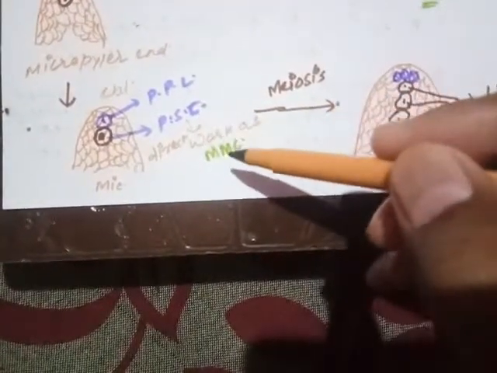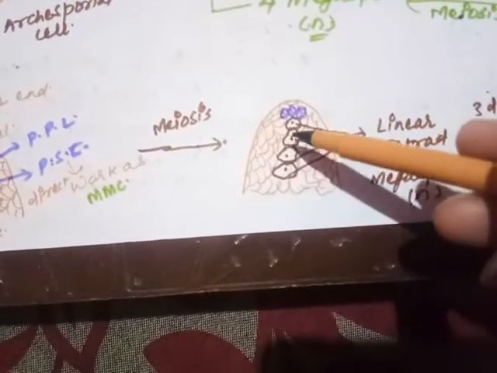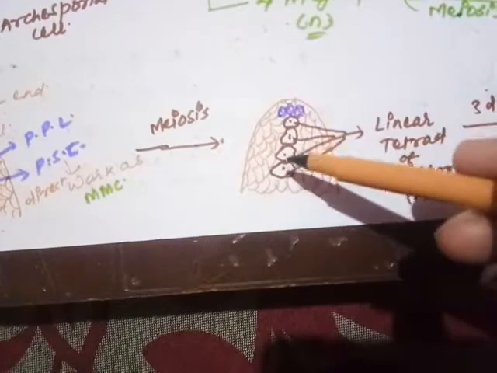Next, what happens? The primary sporogenous cell will start working directly as the megaspore mother cell and will undergo meiosis, forming four haploid megaspores, 1, 2, 3 and 4. They arrange linearly. There is no different pattern of arrangement as we observed in microsporogenesis.